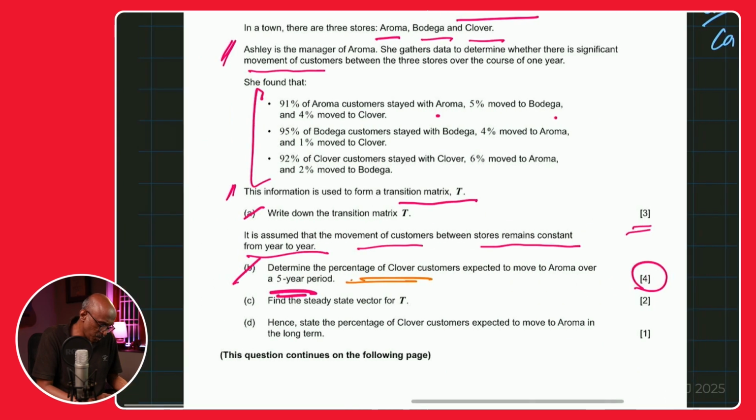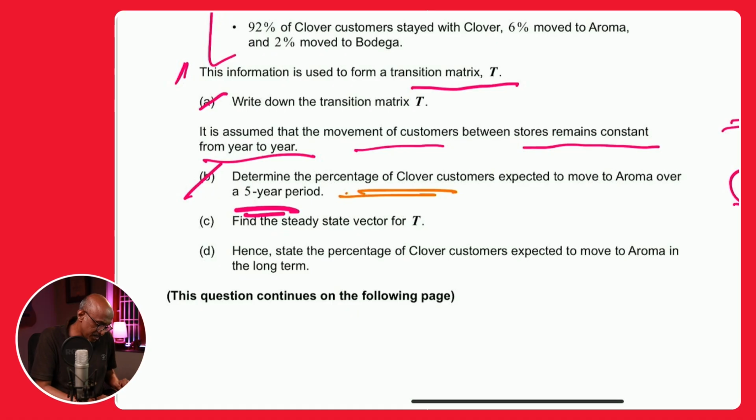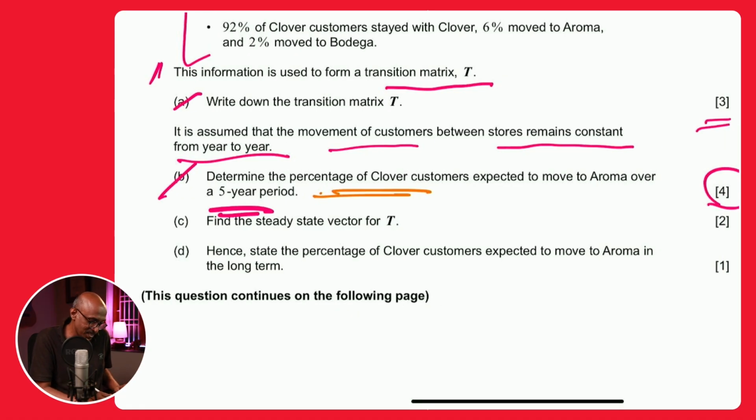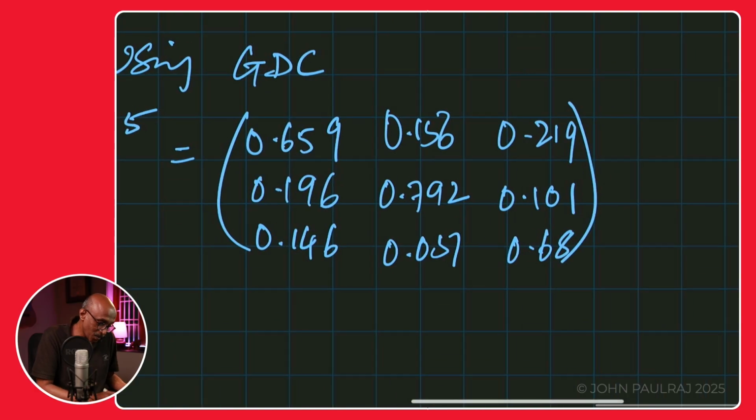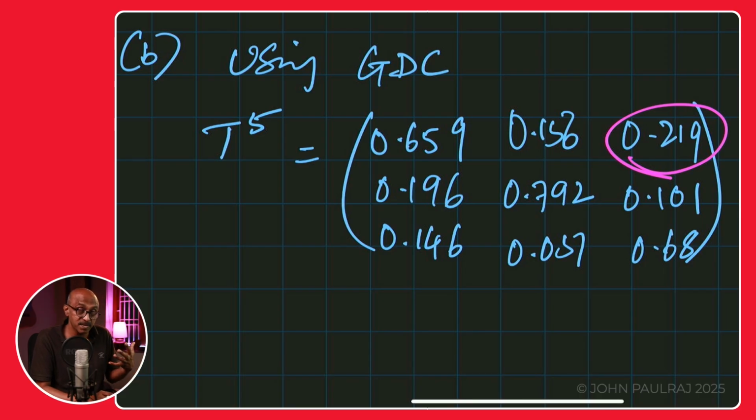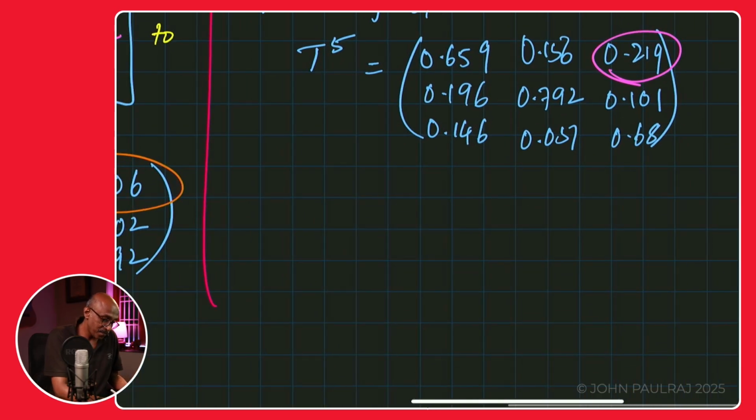And let's look at the question one more time to confirm that that's what we're looking for. It asks, determine the percentage of Clover customers expected to move to Aroma over a 5-year period. So Clover customers moving to Aroma, that's the entry. And remember, they asked to write it as a percentage using the same phrase.